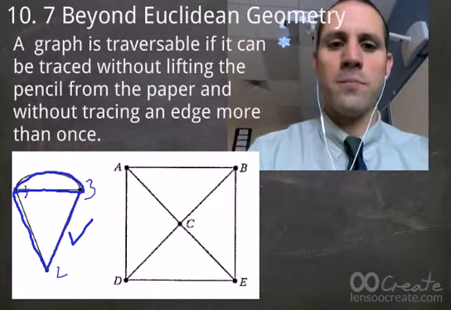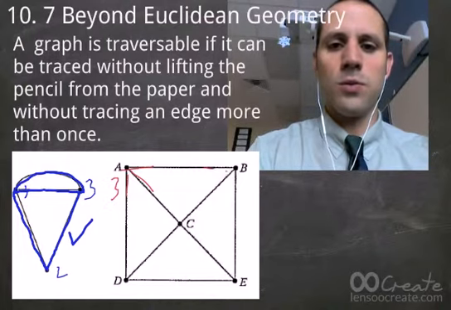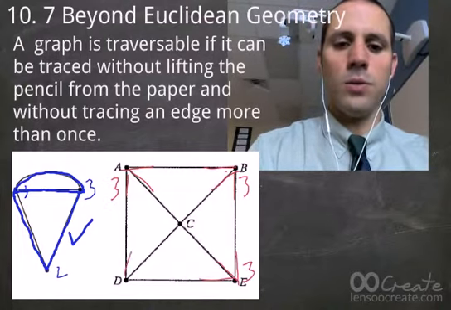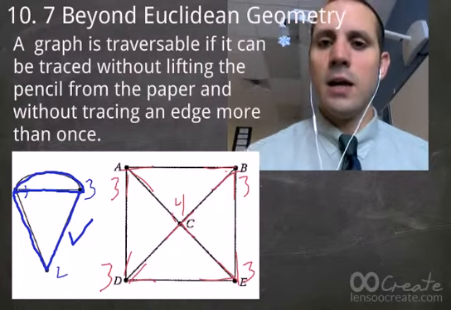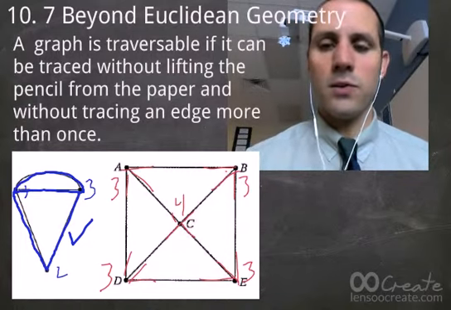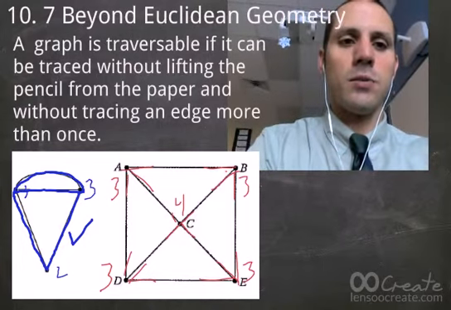Looking at our second graph, we have 1, 2, 3, and so on, for four odd vertices. So from our rules of traversability, if there's more than 2 odd vertices, it is not traversable. We can go ahead and try a few different times.